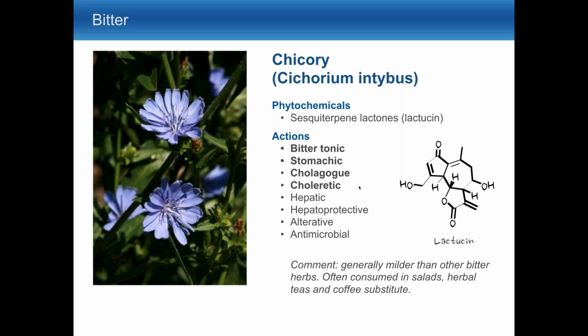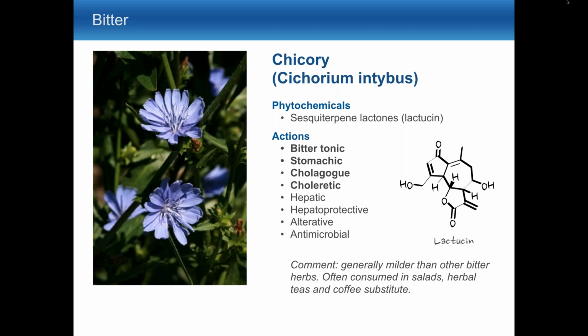Now chicory is another nice bitter. So chicory is something that if you want to consume, chicory is more like a vegetable than a herb in a lot of ways, because chicory root was once roasted and used as an adulterant for coffee.